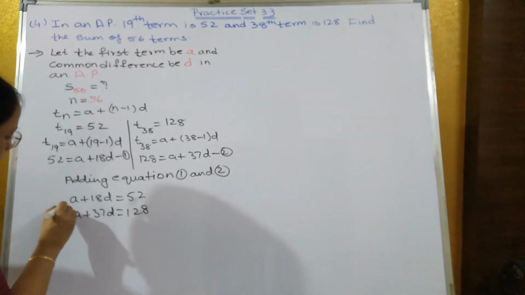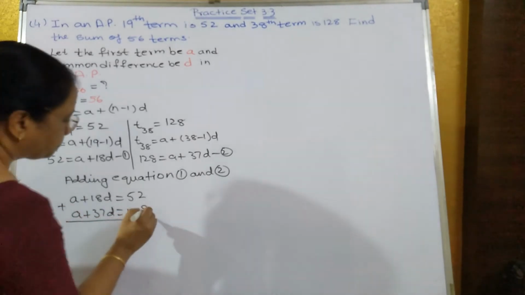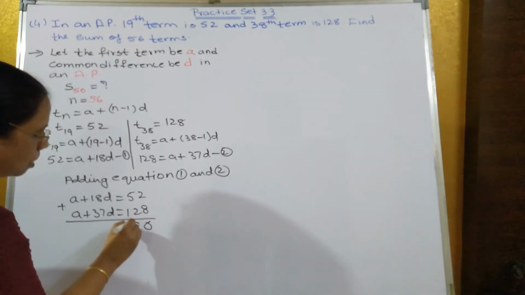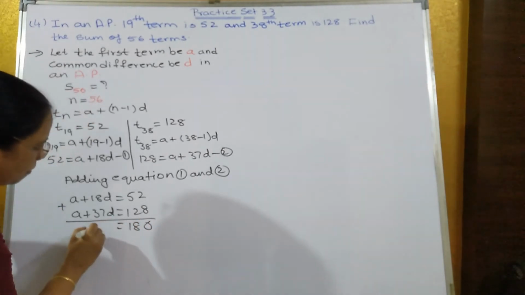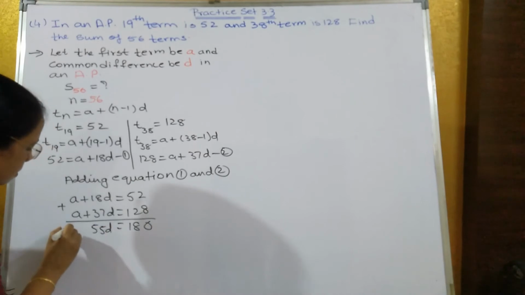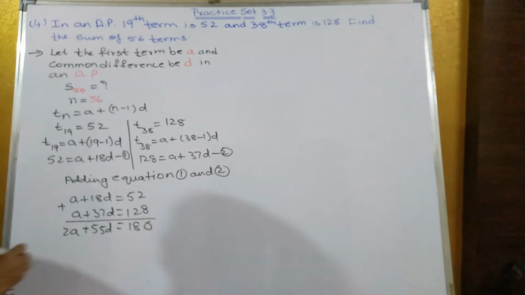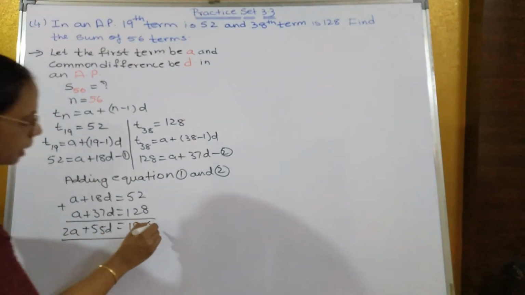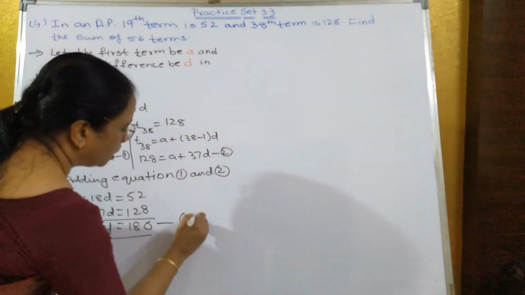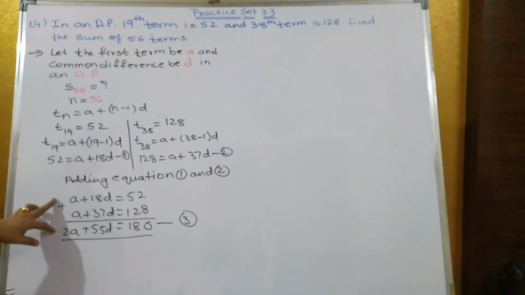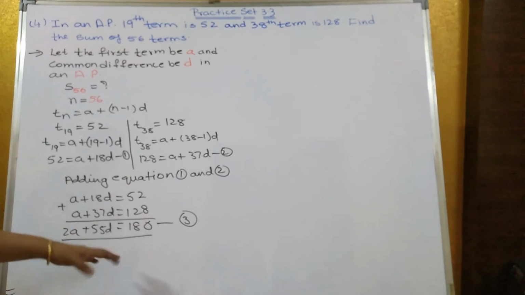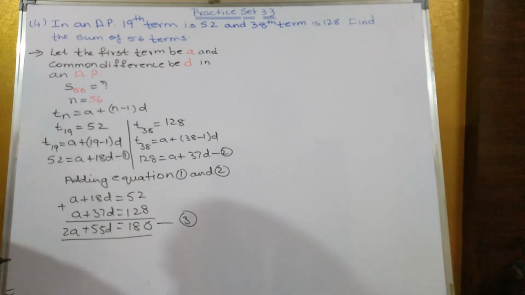When you add both the equations, what do you get? 180. 2A plus 55D is equal to 180. Let this be equation 3. Now don't subtract this. When you add, it will become easier. The sum will become easier when you add and get the equation.